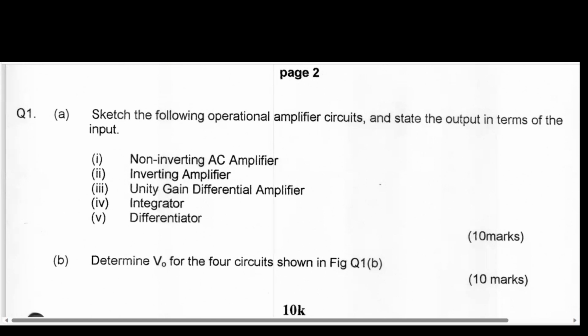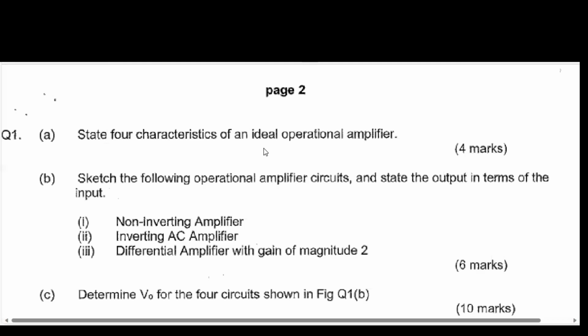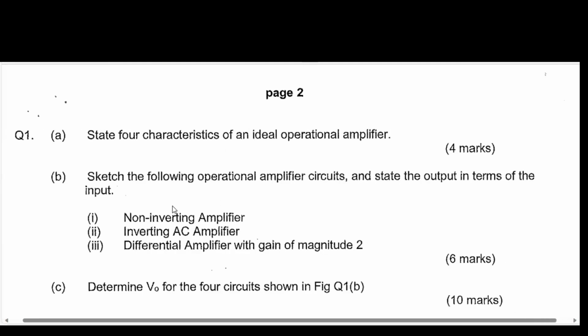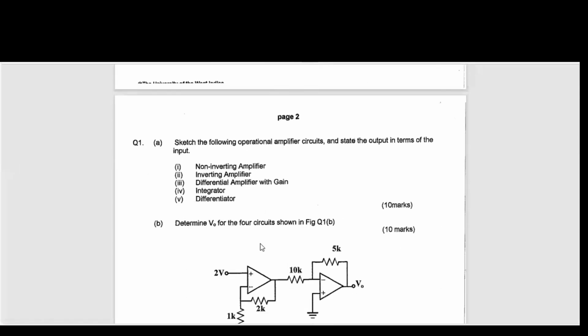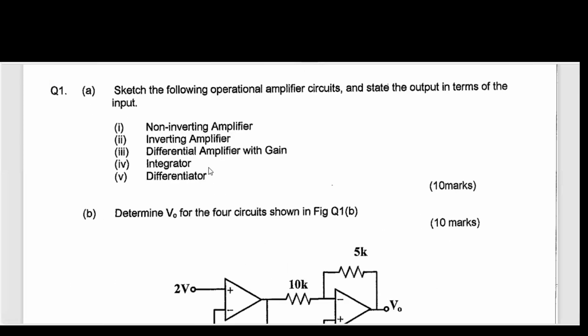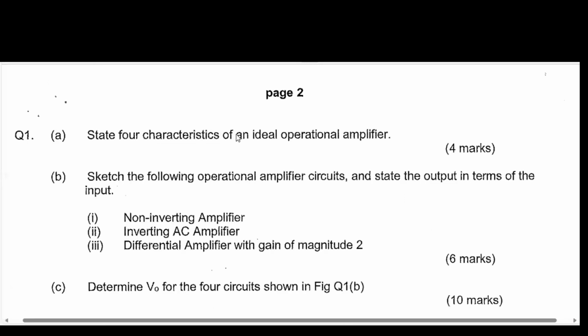There's 2012, and 2015 is less, but it's the same thing. 2013 is the same thing. It didn't change. So once you do it once, you get through. Once you do the past papers, you'll see questions like these four characteristics.